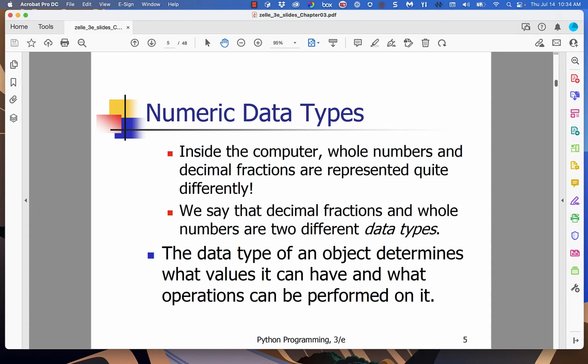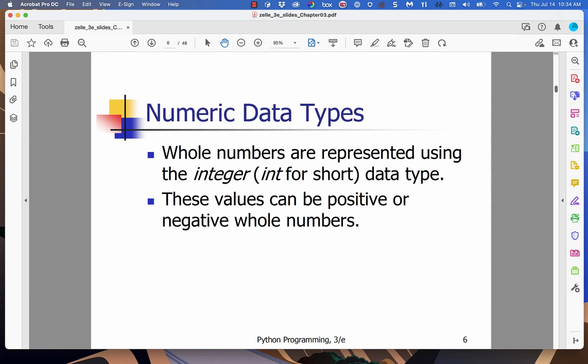Okay. And the data type of a value object determines what values it can have and what operations can be performed on it. Whole numbers are represented using the integer data type. We call it int for short. So the name of the type is int.